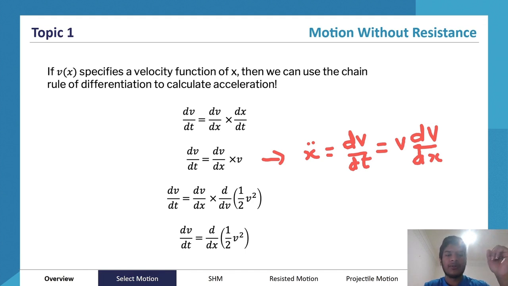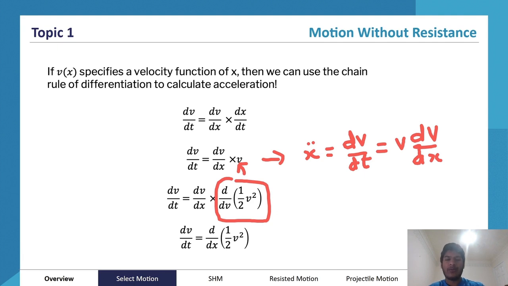So we get dv dt equals dv dx times d dv of half v squared. You might be wondering where that came from, but if you evaluate this derivative, the derivative of v squared on 2, using the power rule, is just going to be v. So all we're doing is replacing that v with an equivalent derivative expression.